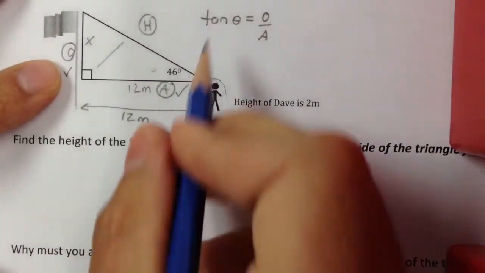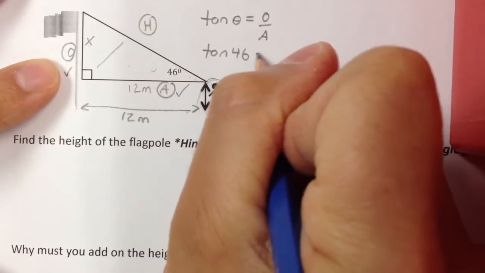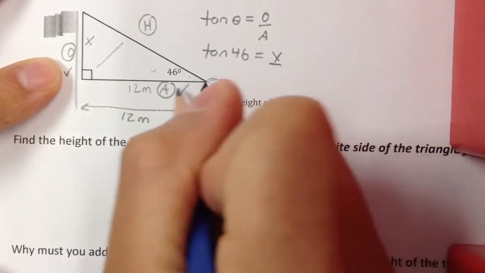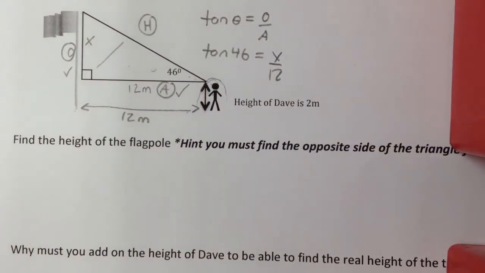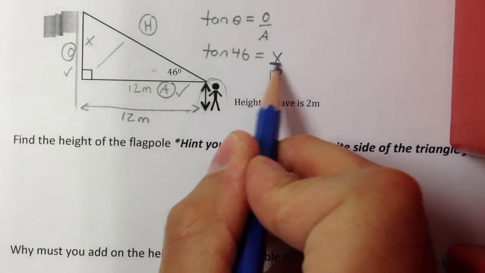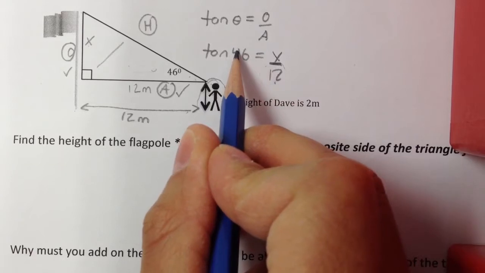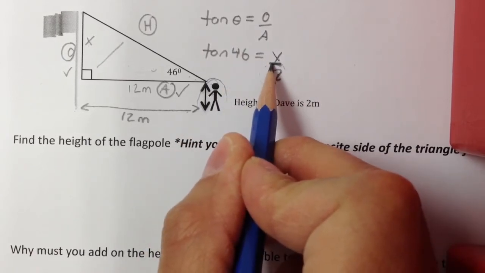Okay, next thing you got to do is plug in everything you know. The angle is 46. The O side is x, and the A side is 12. Okay, this is an easier one. You're just going to be solving by multiplying. Because it's dividing 12 here, if I bring this 12 up to the other side, it'll do the opposite, and the opposite of division is multiplication.